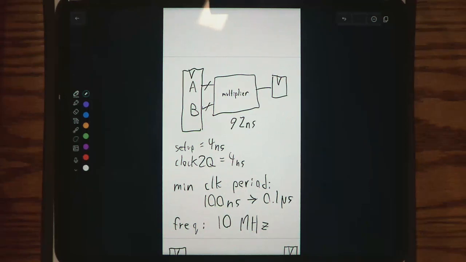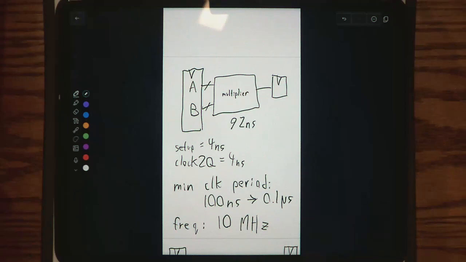So we're not going to get super fast, but 10 megahertz is kind of laughable. If you came along and said, hey, I designed the circuit, it runs at 10 megahertz, you'd get fired. It's not a great look. Even 50 megahertz is still not great. You want to be as close to 100 megahertz as possible in general.